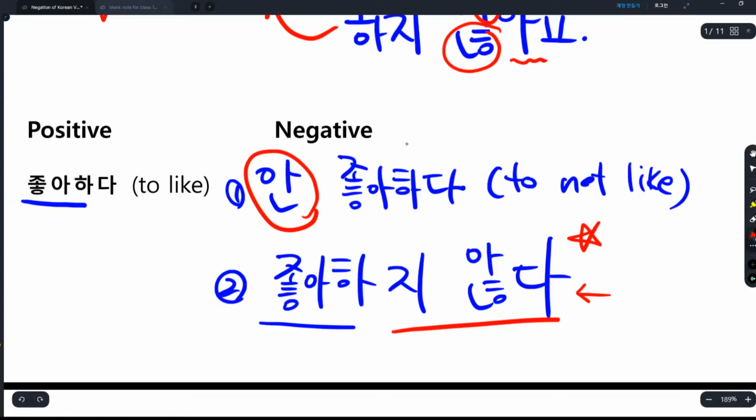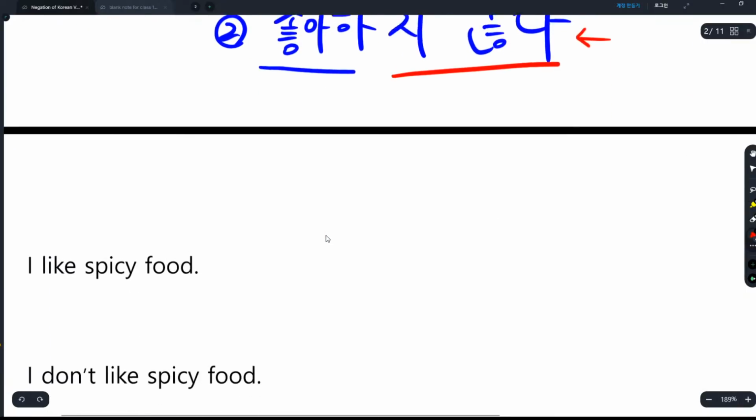It's just that, in my opinion, 안 would be a more common one since it's more simple, right? But that doesn't mean 지 않다 is rarely used. That's not the case. So when you're first starting out, what I recommend is that you practice with both forms and get used to both forms. So both are the negative forms of 좋아하다.